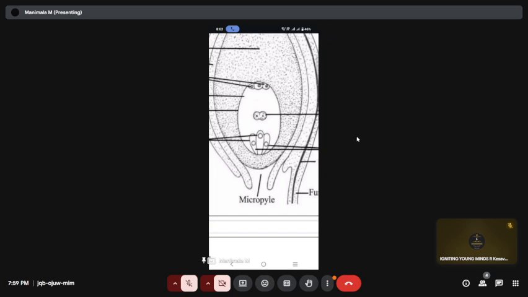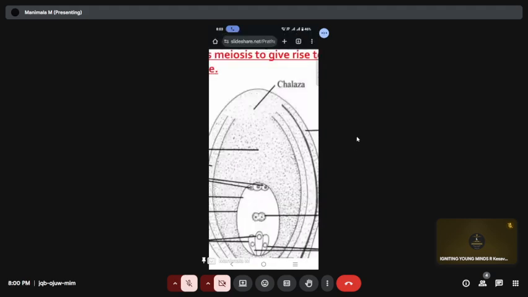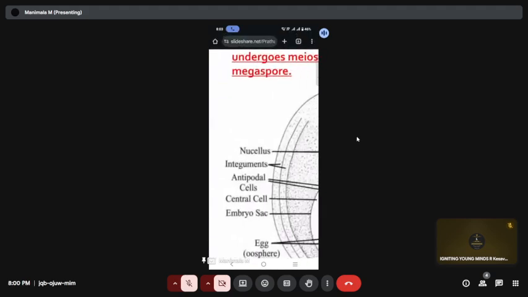Ma'am, with the help of the funiculus. And the place of attachment of the stalk with the main body of the ovule is called hilum.